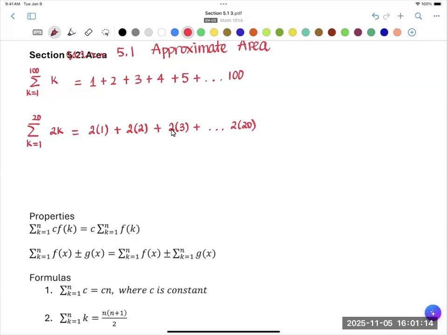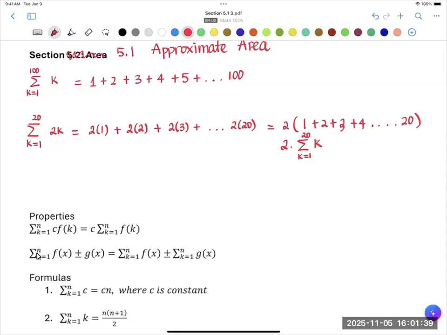So I can bring it to the front and write 1 plus 2 plus 3 plus 4 up to 20. So I can have 2 times the summation of k equal 1 to 20 of k. Any coefficient can be brought to the front.